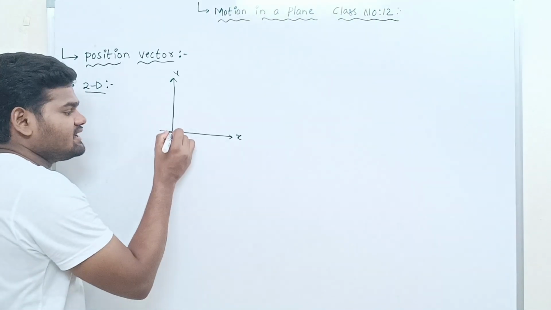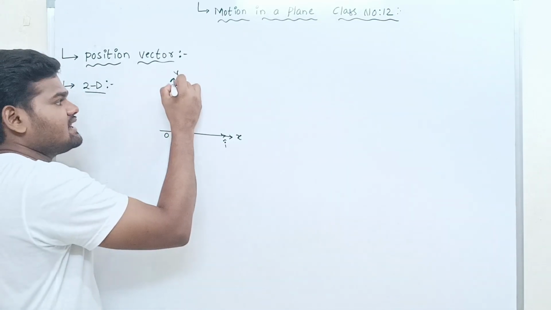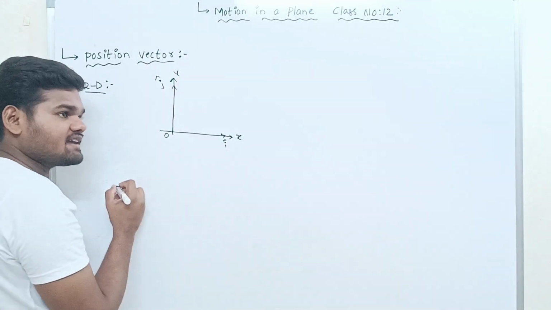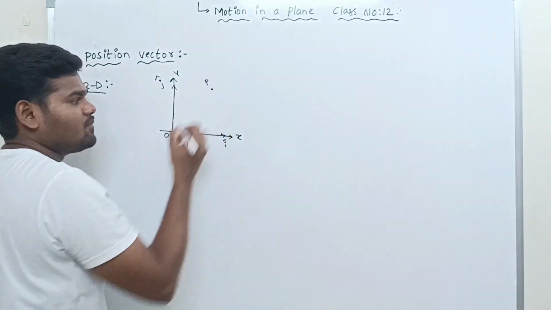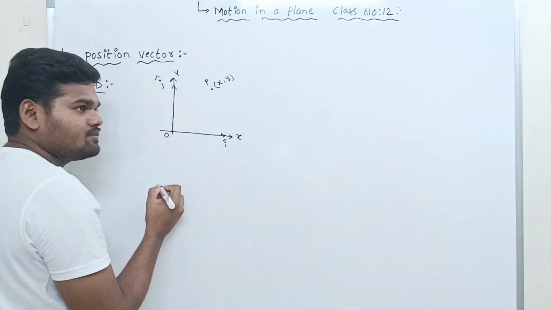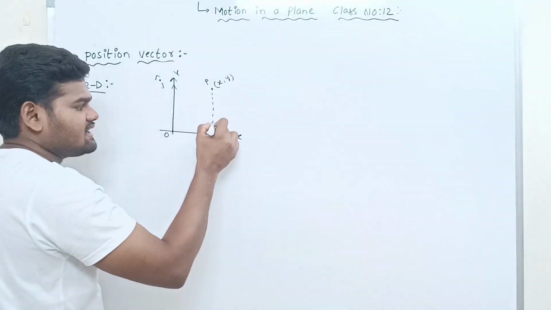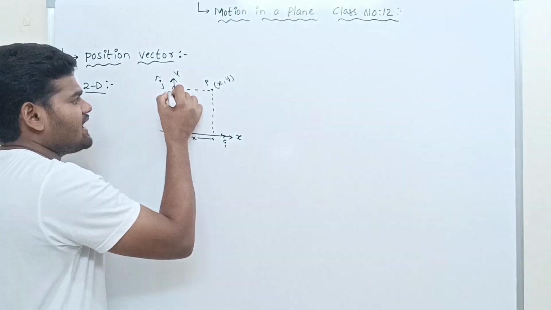The i cap is the unit vector along the x-axis and the j cap is the unit vector along the y-axis. In this plane there is a point P, and the coordinates of this point P are x comma y, so the point is at an x distance from the y-axis and a y distance from the x-axis.